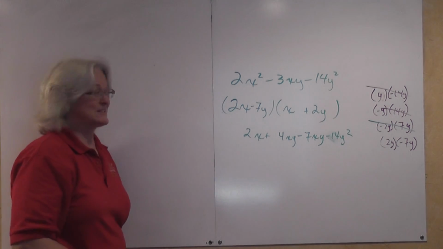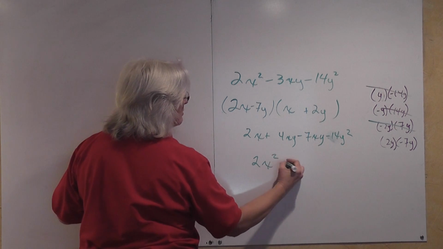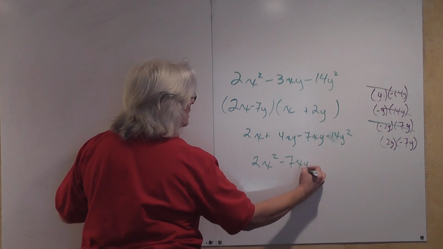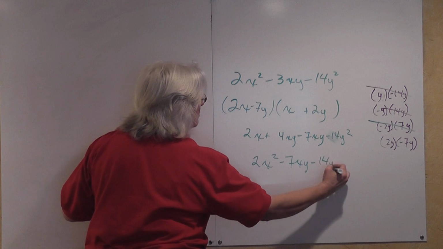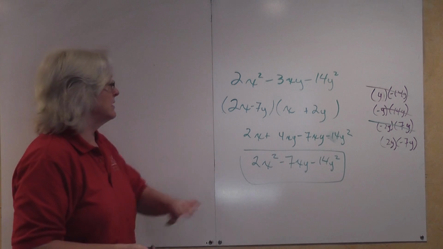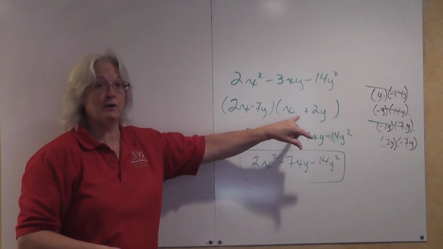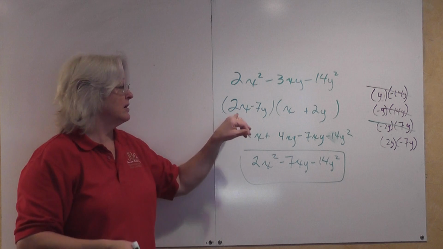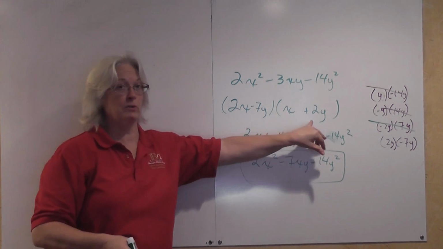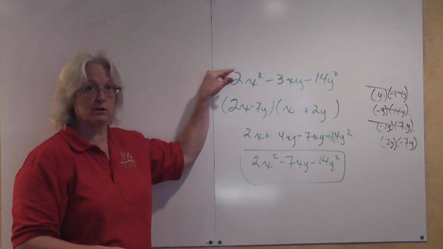You combine the like terms to get 2x squared minus 7xy minus 14y squared. So I checked for you and verified that the product of these two binomial factors is indeed the trinomial that we started with.